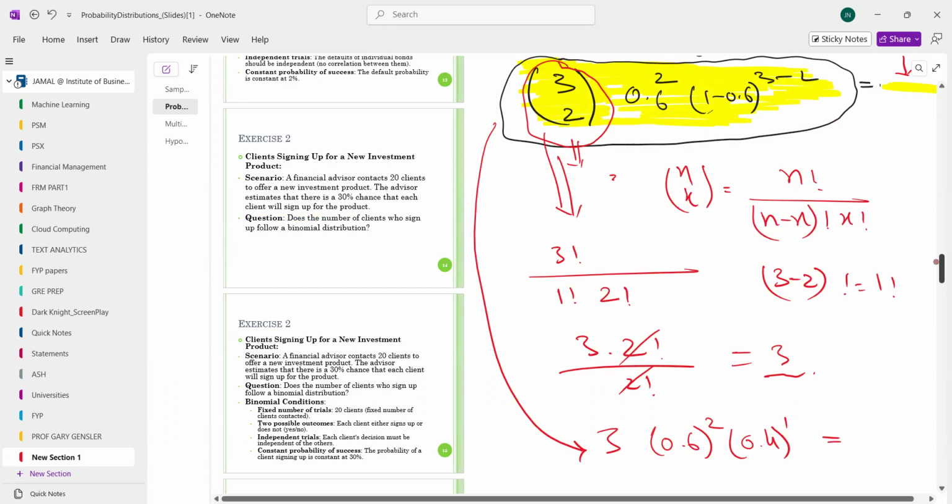You can now solve this one and you will get the probability of 2 happening out of 3 trials, given the fact that the probability P is 0.6. This is how we work with the Bernoulli distribution.